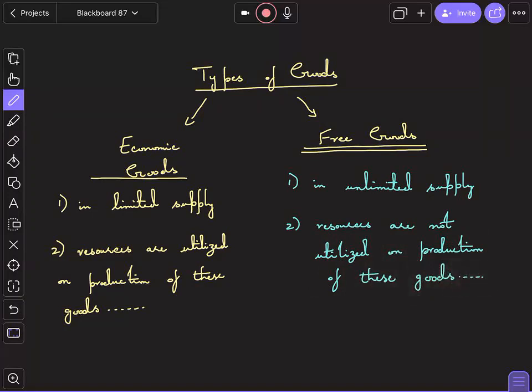So those goods that are in unlimited supply, those goods that are provided in abundance, and you are not utilizing your resources on their production, include air, seawater, rain, and sunlight.